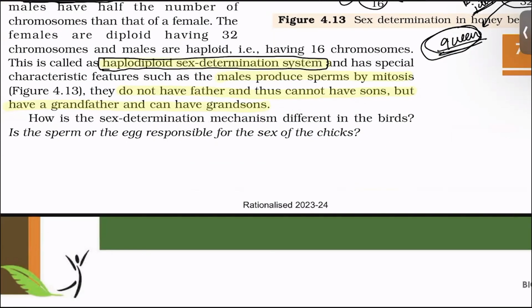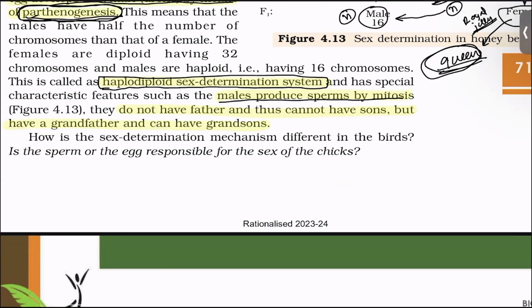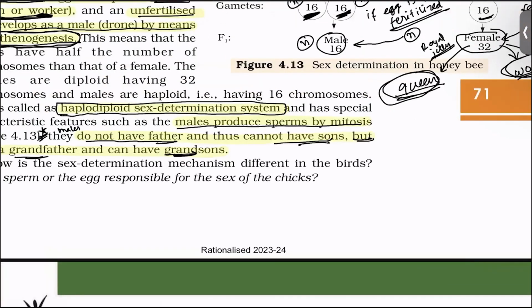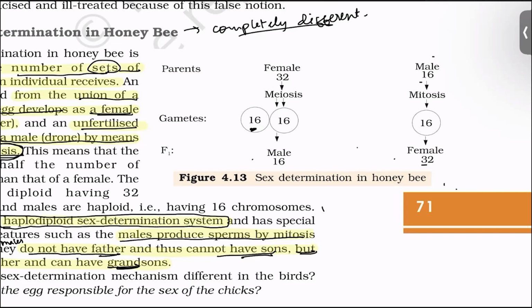Males produce sperm by mitosis, and females produce eggs by meiosis. And here is an important line: males do not have father, and thus cannot have sons, but have grandfather and can have grandsons. What does it mean?